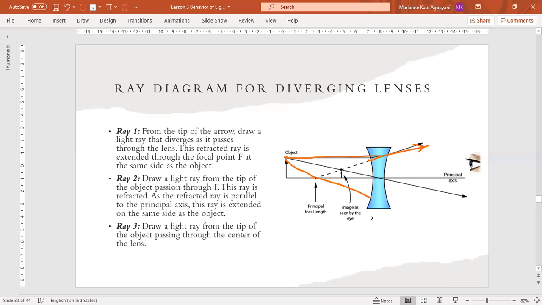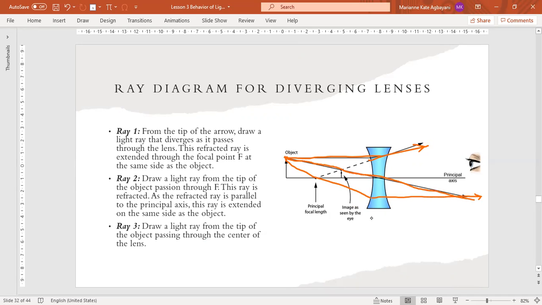This ray is refracted so that the refracted ray is parallel to the principal axis. Then ray 3, draw a light ray from the tip of the object passing through the center. Assuming this is our center here.